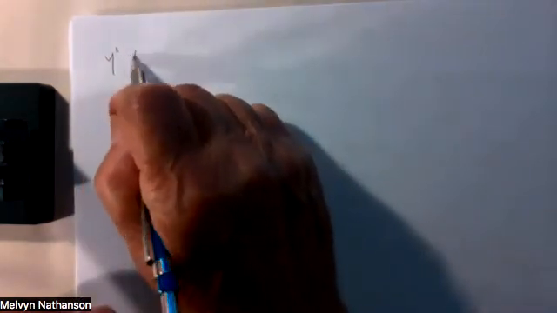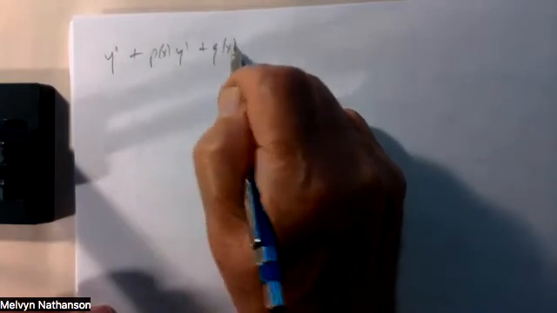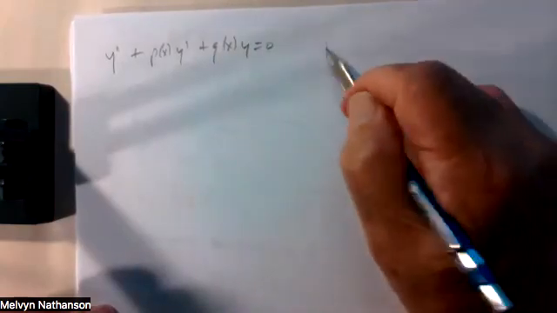As always, we write our equation in the form y double prime plus p of x y prime plus q of x y equals 0.